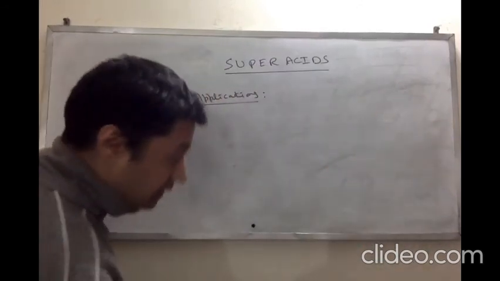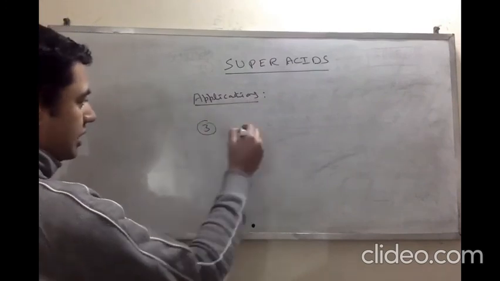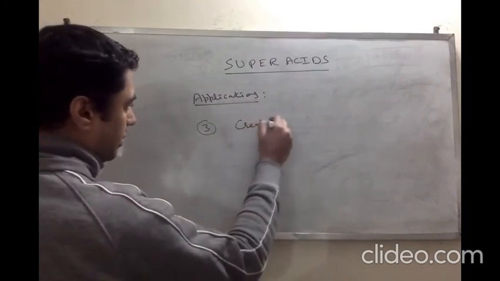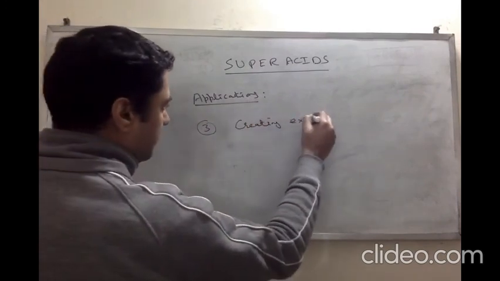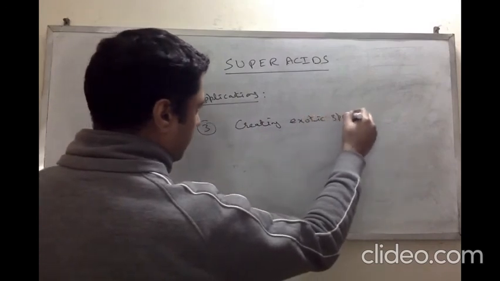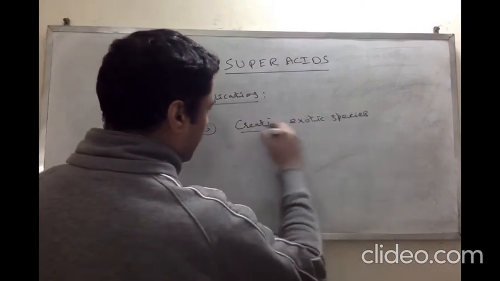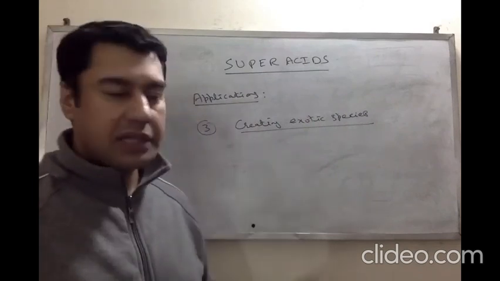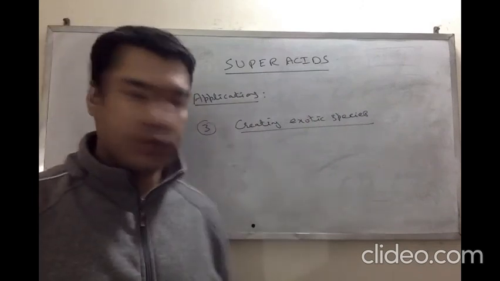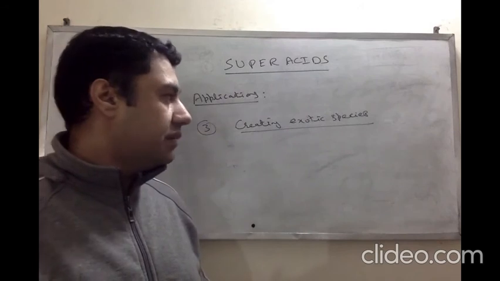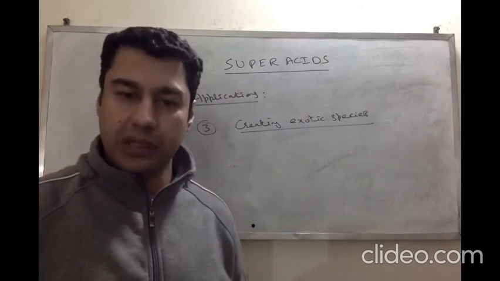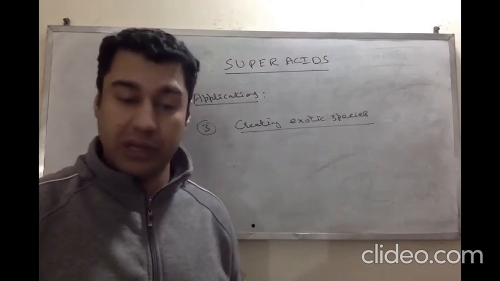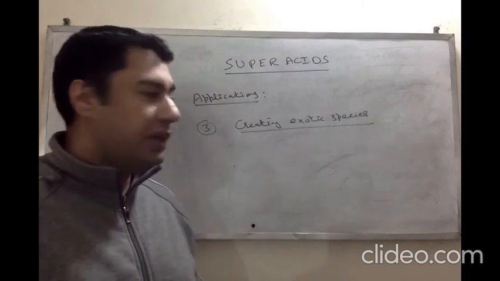Now let us visit the third area of application, which is creating exotic species. Well, superacids have found this very interesting application because of their immense strength to protonate other compounds or even other elements. We can create very interesting species.